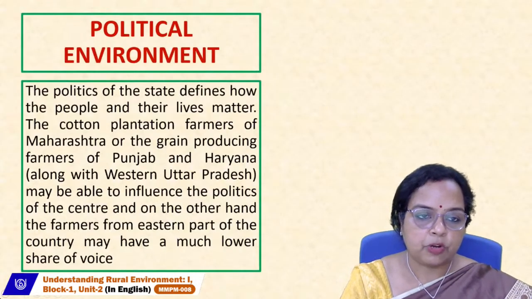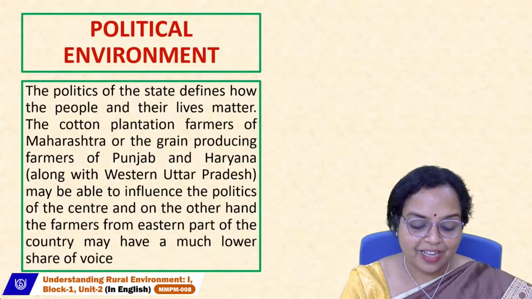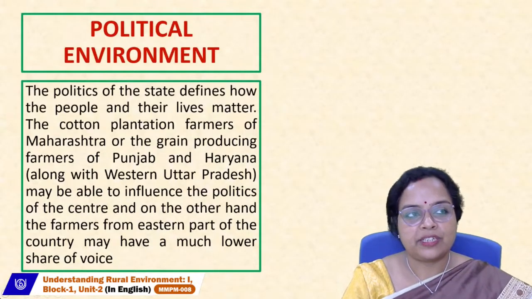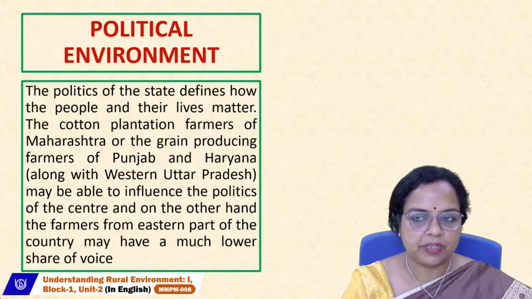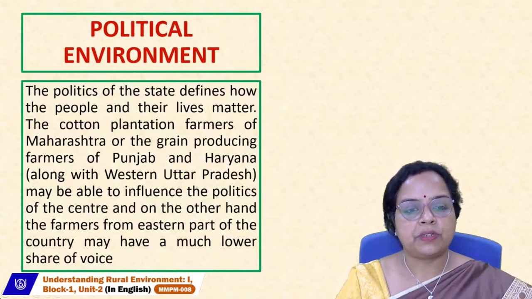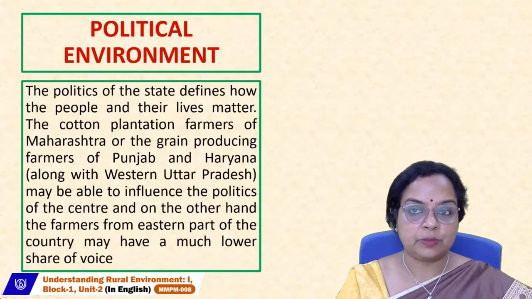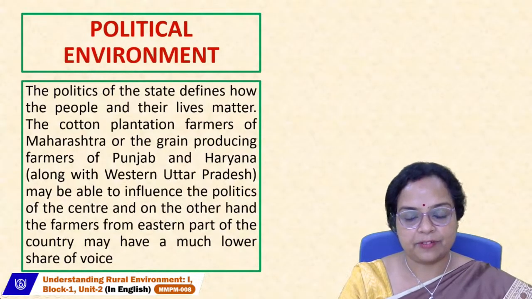The second environment is the political environment. Now the question is, for a business, how does politics matter? We cannot deny that villages are largely powered or influenced by the political environment. Can we deny that? The answer is no. The politics of the state defines how people's lives go, because politics defines their individual life.